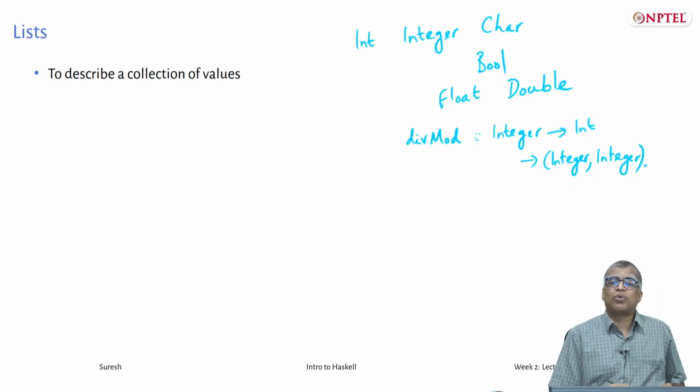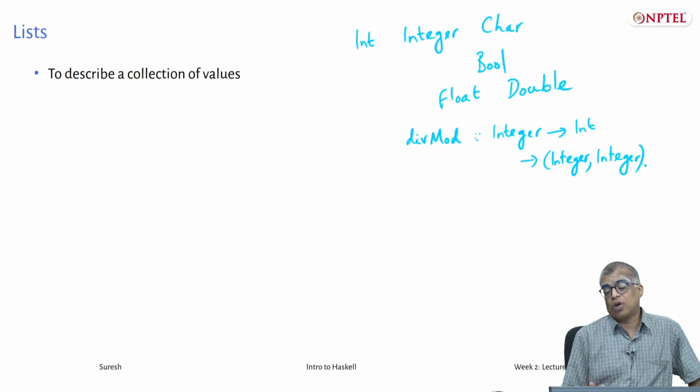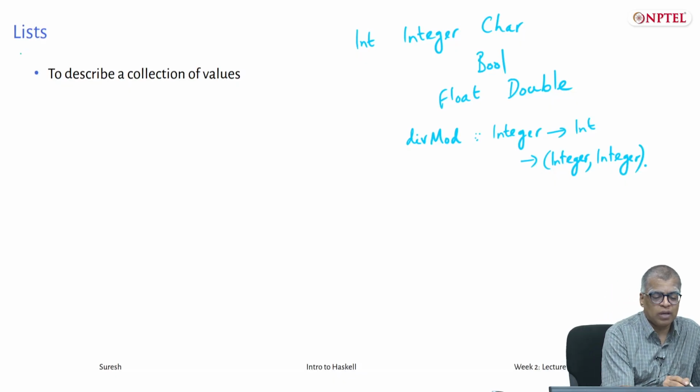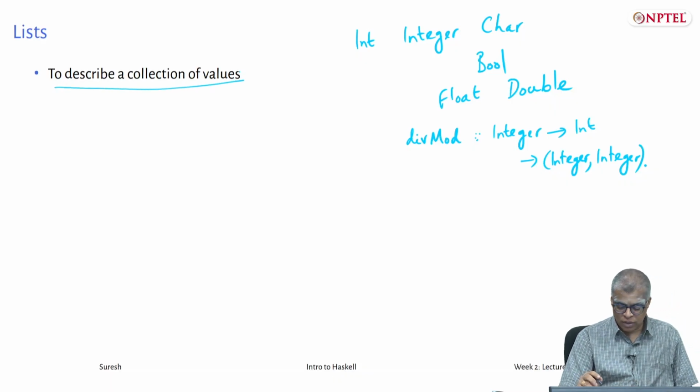But suppose I want to return multiple values, or suppose I want to consider a collection of marks for various students. You need a way of representing these values, and that is done by lists. Lists are used to describe a collection of values.